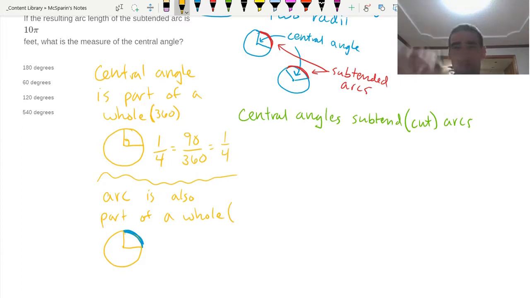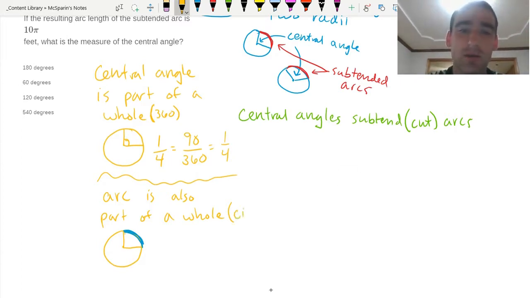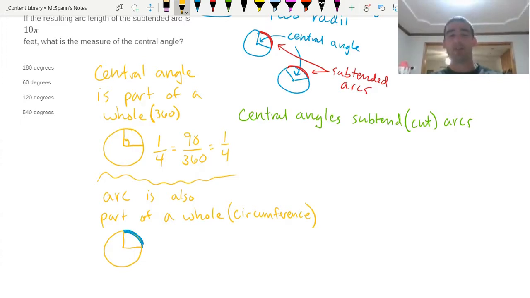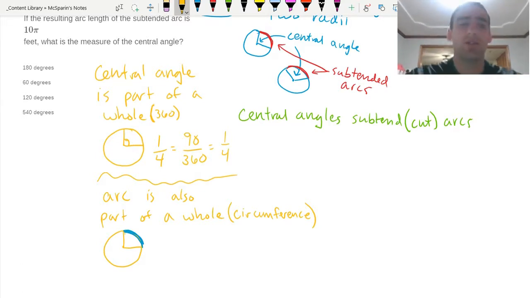You guys all know that term. That's circumference. So if the whole is the circumference, then an arc is just part of the circumference. Now, what if I told you that the circumference was 12?